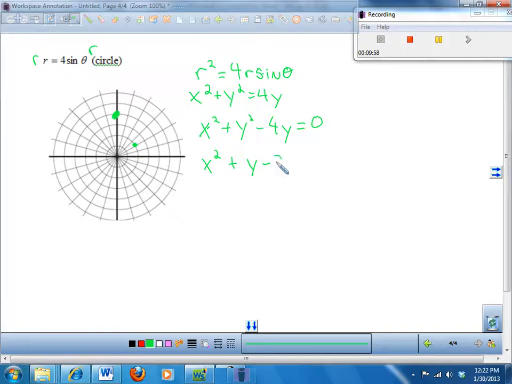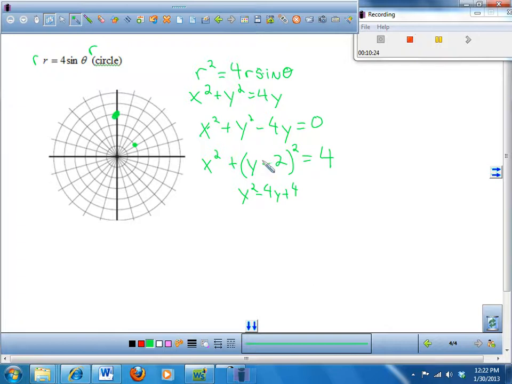So y minus 2. I take half of the linear term, and I square that. And when I did that, if I FOILed this out, I would get y squared minus 4y plus 4. So what I've essentially done is I've added 4 to the left side of the equation. So to keep the equation balanced, I need to add 4 to the right side of the equation.